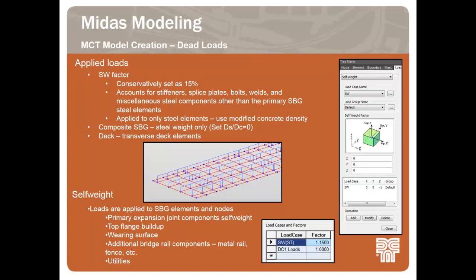The self-weight was used to account for the self-weight of the steel composite box girder and deck, as well as the cross girders and bridge rail.